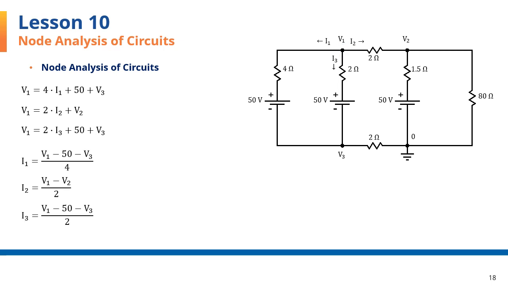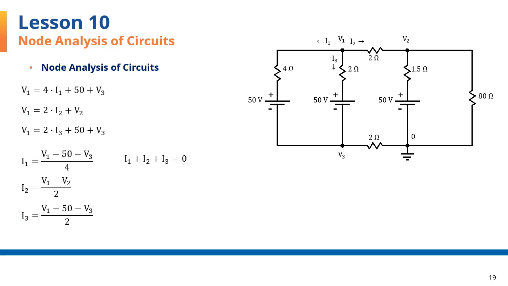From equation 1, I have calculated I1 in terms of the rest. I1 equals V1 minus 50 minus V3 over 4. In a similar way, I've calculated I2 from the second equation, shown here, and I3 from the third equation, shown here.